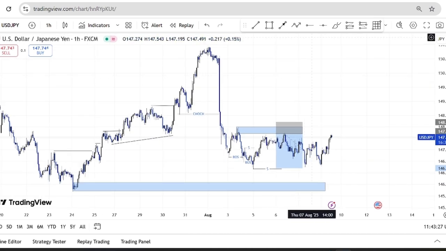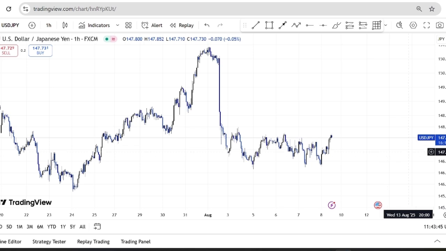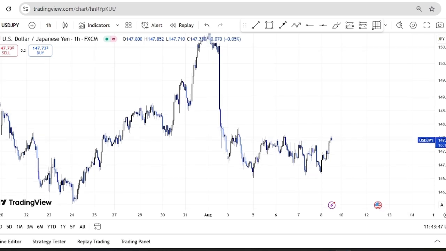So at this point, we had this change of character, then we had this break of structure. Okay, so this is the naked chart.